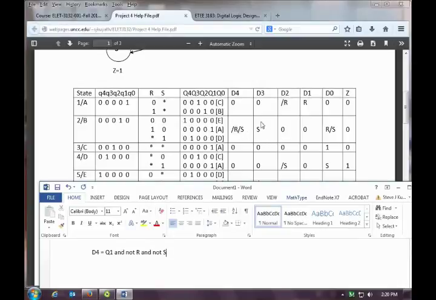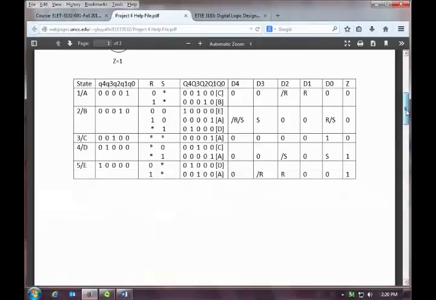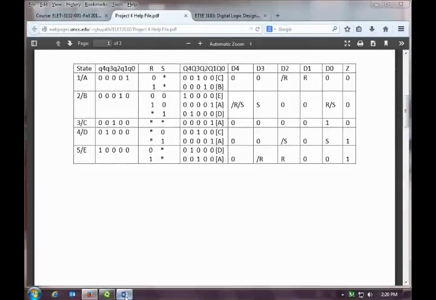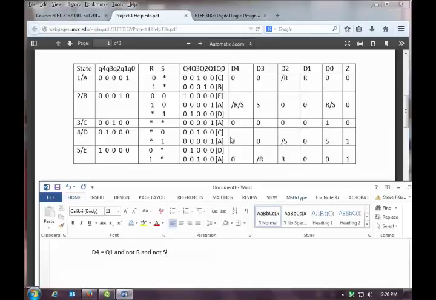For this one, you look at, when there's zeros, we don't care. If there are cells on a K map, we don't care about them when they're zeros. We only care when there's one. This one has two of them, here and here. So for D3, we would have S and Q1, or, so now I need to go back and put the parentheses around here.